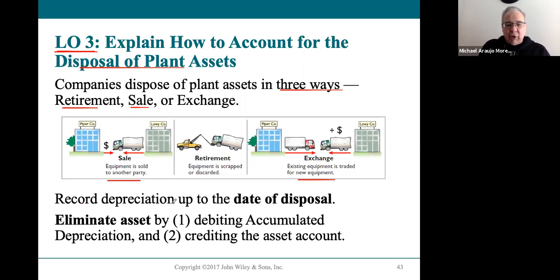We have to continue to record depreciation up until the day we sell it or retire it. And then, once we no longer own it, we eliminate that asset by zeroing out its accumulated depreciation account and taking that asset off of our books.